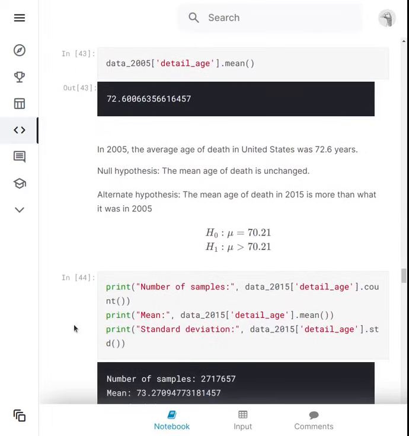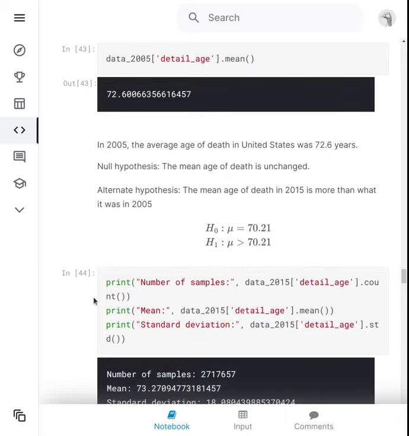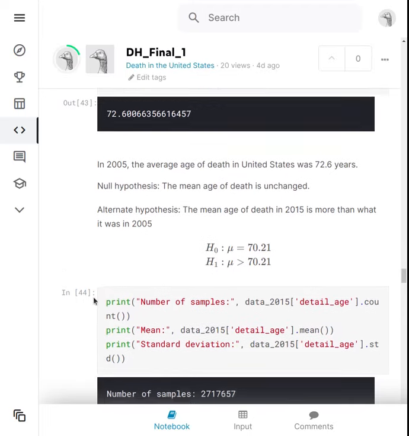In hypothesis testing, we look at different questions to analyze. First is, is the average age of death in 2015 more than what it was in 2005?